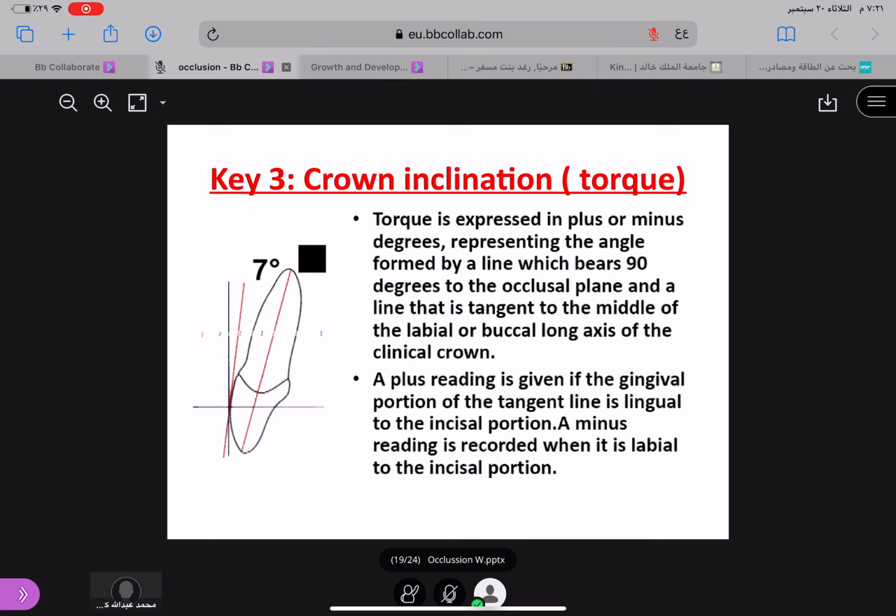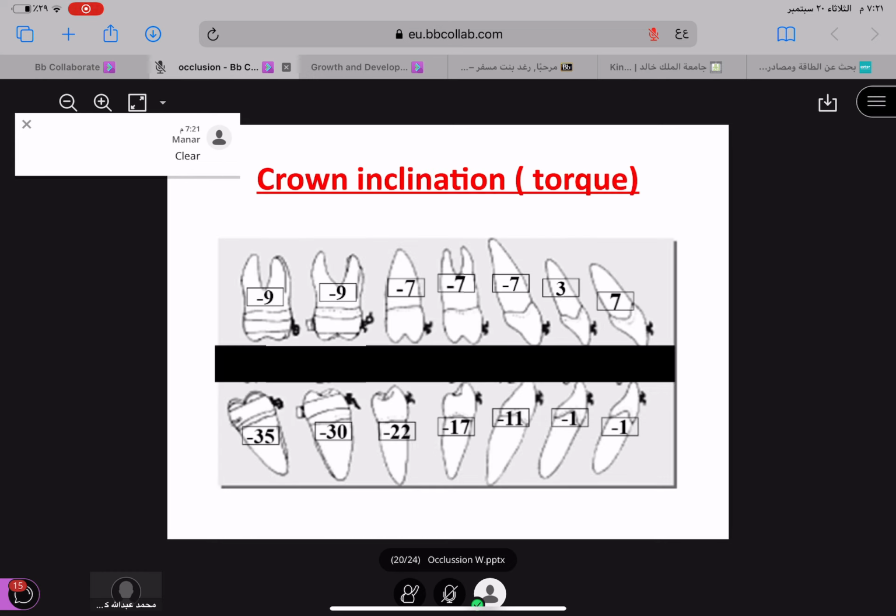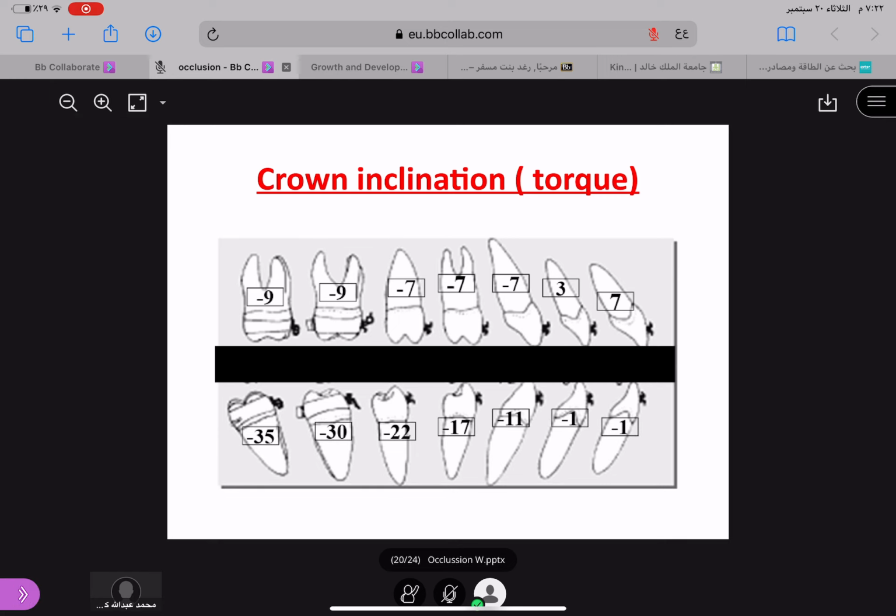The third one is crown inclination, that is buccolingual. Is it clear so far? Good. Here you can see the crown inclination, the positive 7 and 3. It is showing positive inclination, meaning the crown tip is labial, whereas the gingival portion is lingual.